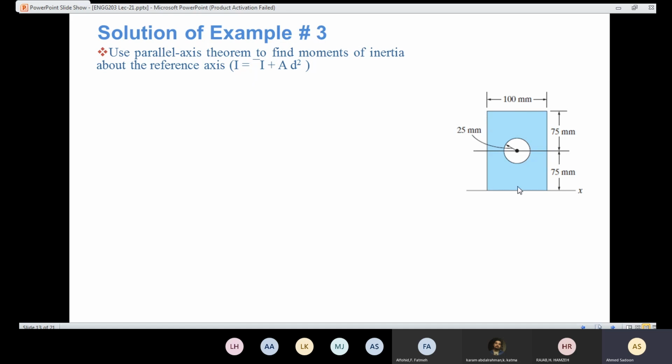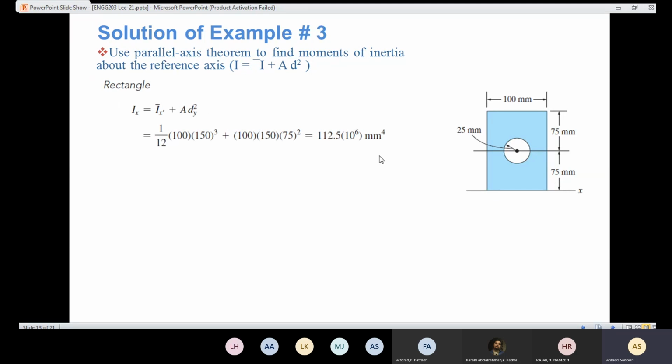The moment of inertia for that axis is going to be the moment of inertia for the centroidal axis plus Ad squared. d here is the perpendicular distance difference between the two axes. I'm going to do this twice, first for the rectangle and second for the circle. Then I'm going to get the summation.